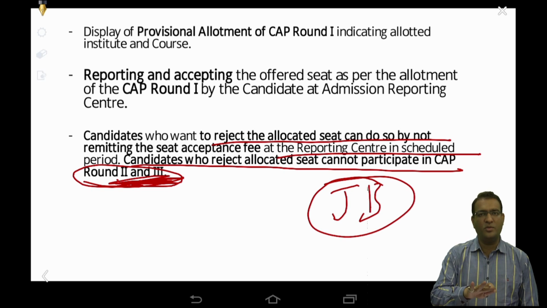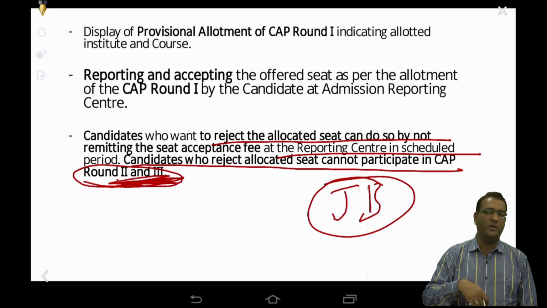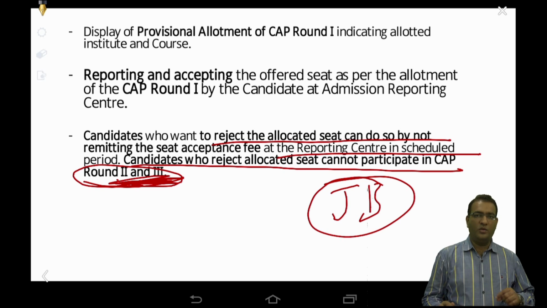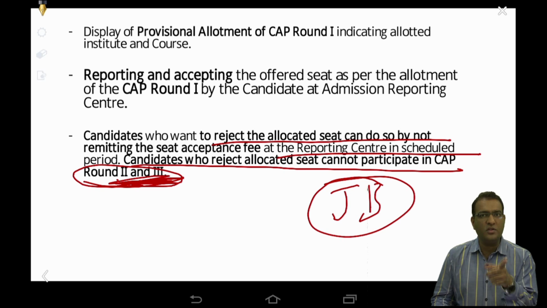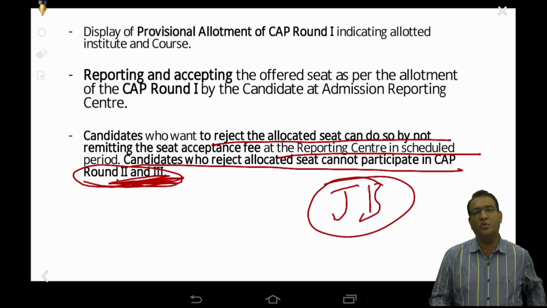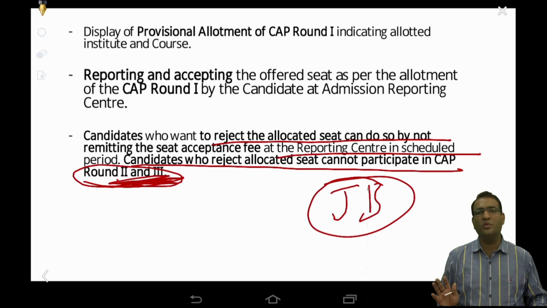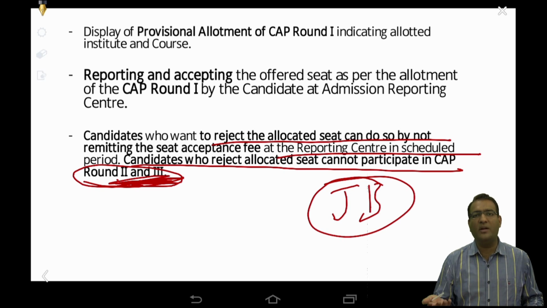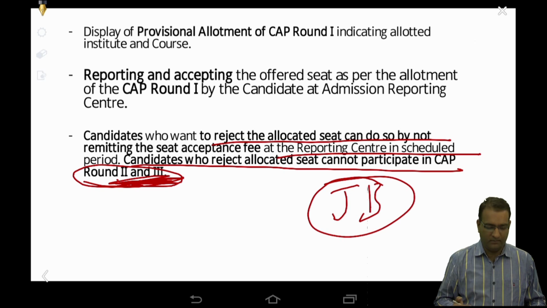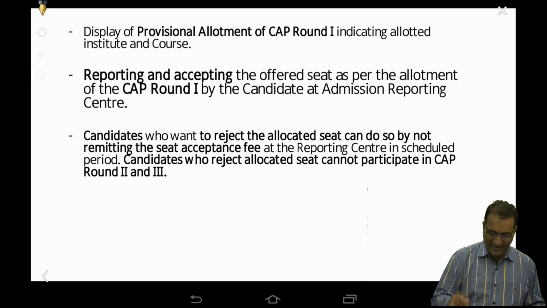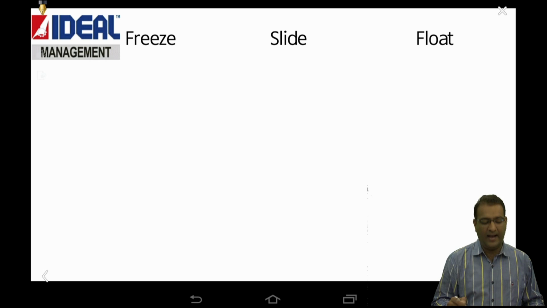That's it. First option has to be JB. Whatever you want to do from the second option onwards, do. Because if you get into your first option, it will be compulsory for you to take admission. Else they won't allow you to, and you won't be allowed to take part in the further rounds. Right? So this is generalized information.